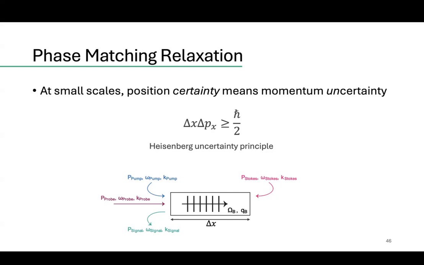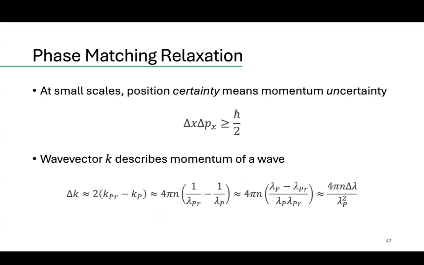So a certainty in position, right, of our acoustic field translates to an uncertainty in momentum. And the momentum of a wave is given by its wave vector, which can be related to its wavelength, all the way off to the right, this delta lambda term. This provides our wiggle room.